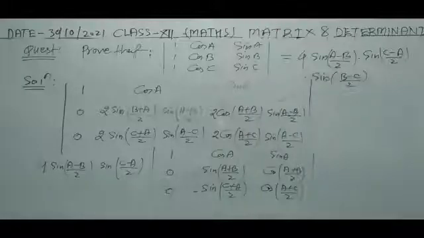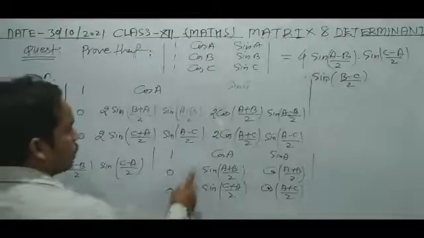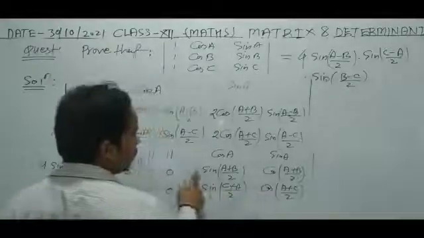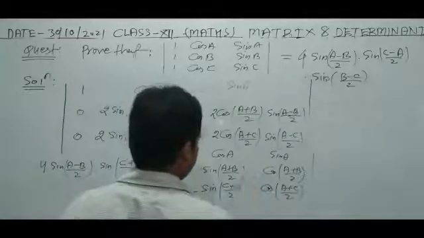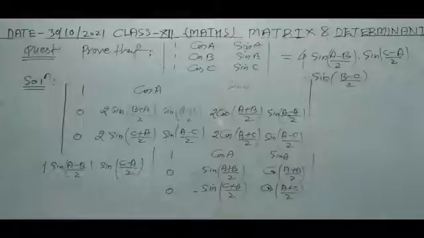Now we can simplify, or after calculation we can get this value. So this part when we will solve, sin a cos b minus cos a sin b. So this is the formula, and the result will be a plus b plus c. So what will be the result?